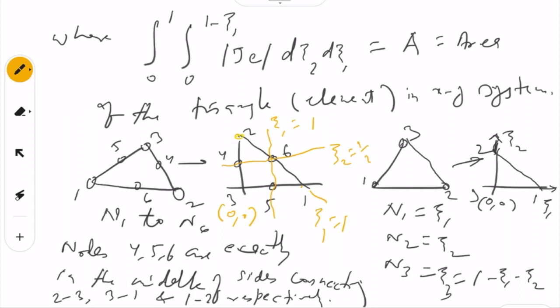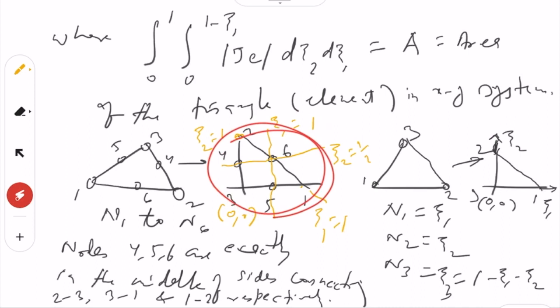Here it will be xi2 equal to 1. Yeah, so you have this system, you can easily find out n. The relation between the x and xi1, xi2 remains the same here, meaning the xi1 and xi2 relation is the same in both cases.